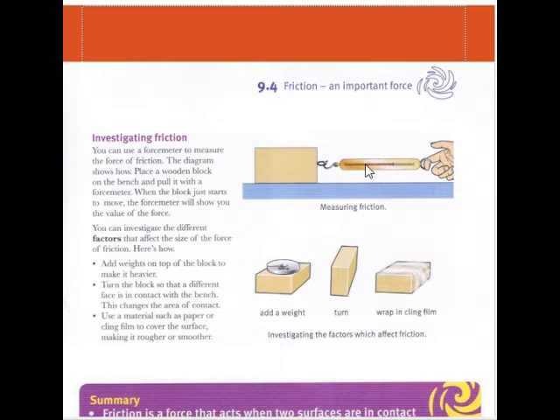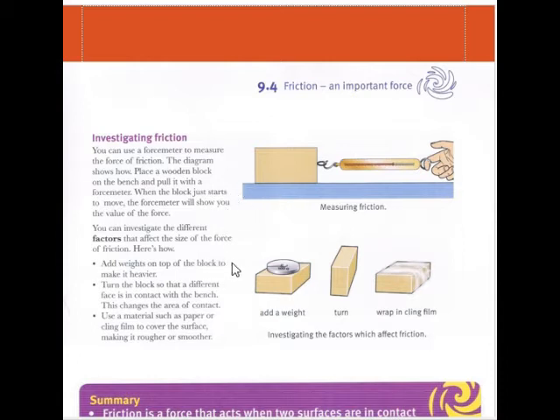And also, you can investigate the different factors that affect the size of the force of friction, students. Okay, there are three kinds of factors that affect the size of the force of friction, students, or we can say how to decrease or increase the friction force, students.